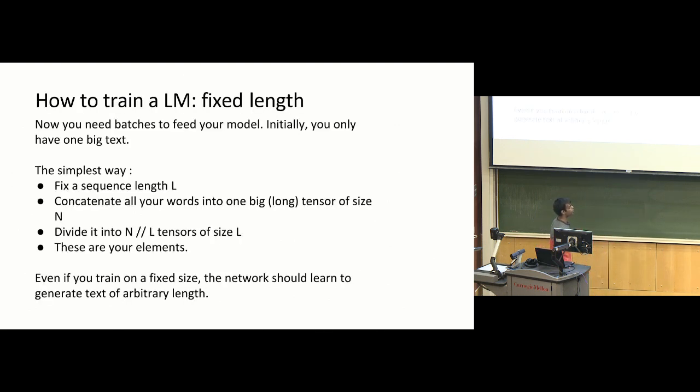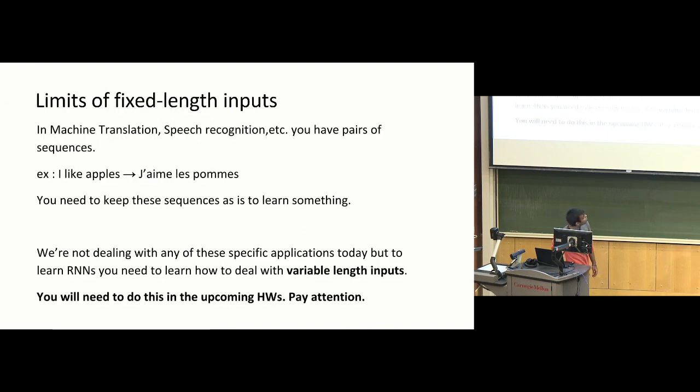So how do you actually train? For training a language model, it is important to know that initially I talked about how we always keep a fixed sequence length, like you always have 5 words that you're passing into your RNN. But this is not always the case, and if you're always sending in a fixed sequence into your RNN, you're not always going to get the best results.